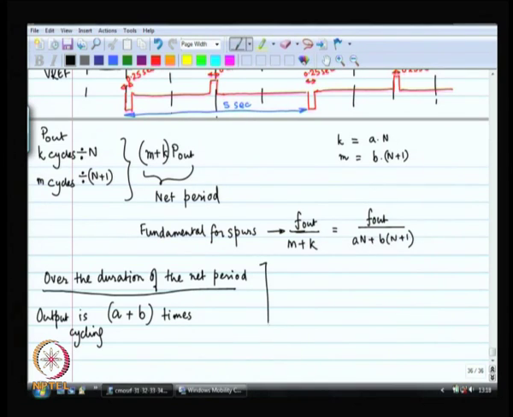Which means that the average period, or rather the reference period, has got to be equal to this net period divided by a plus b.